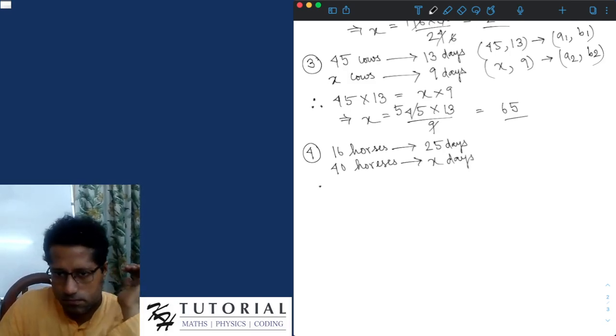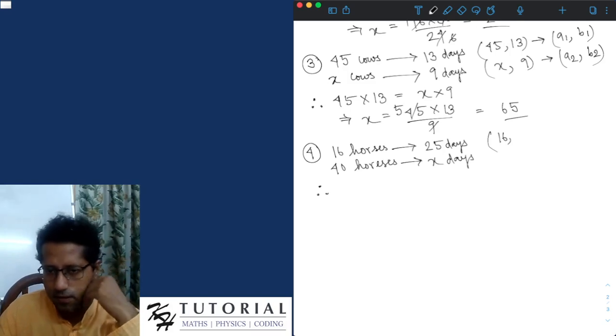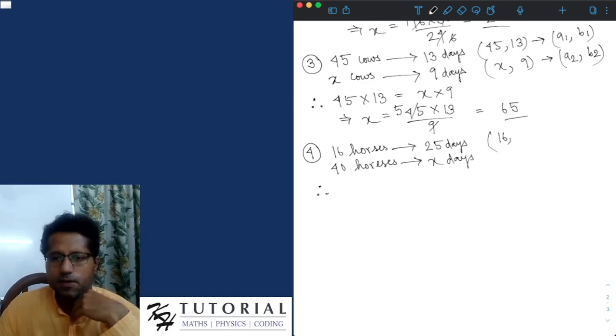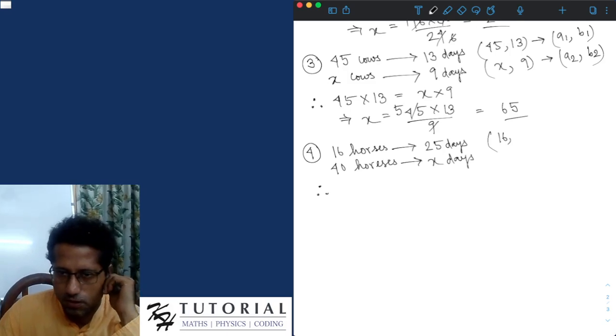Now we will have, over here, the values of the quantity A, which in this case is the number of horses, and the quantity B, which is the number of days required to consume a certain quantity of corn.